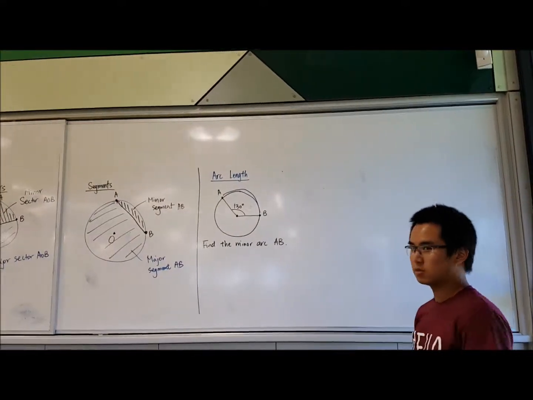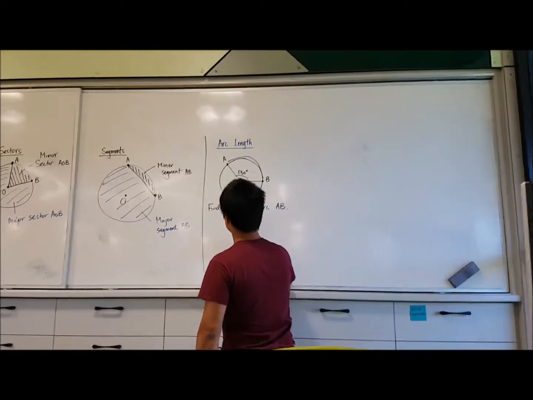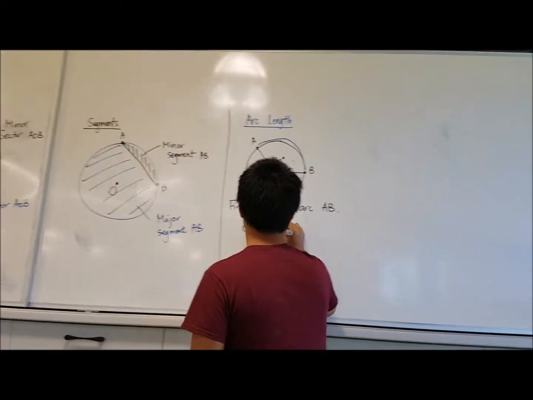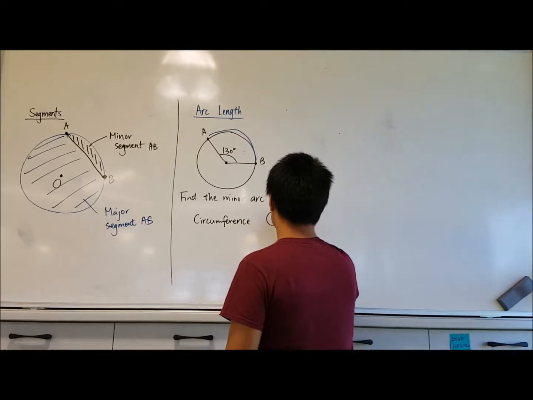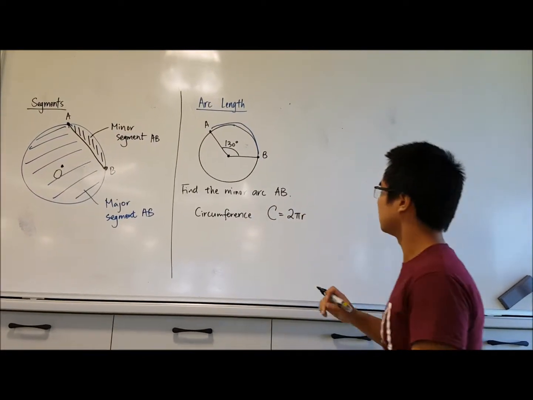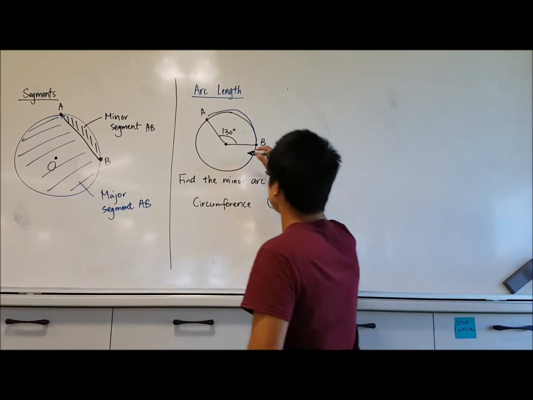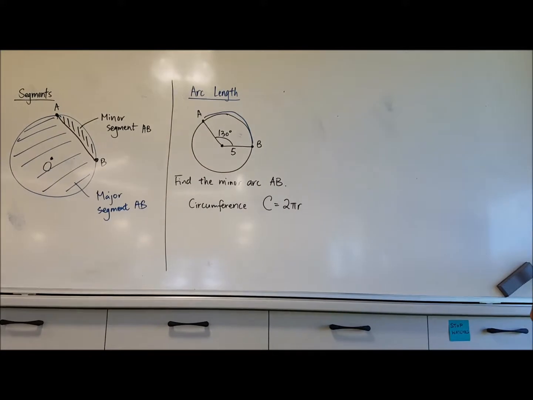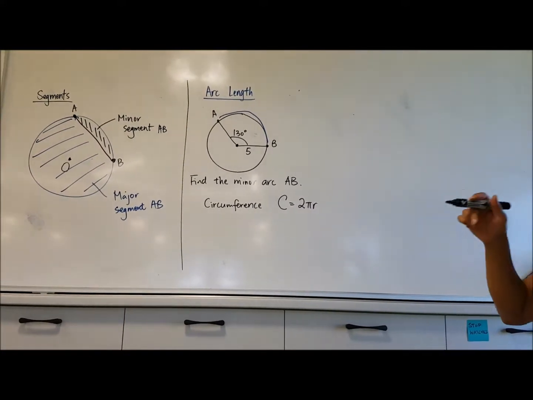So we start with the circumference. C equals 2 pi r. I didn't tell you the radius. Let's say the radius is 5. That'll give us the whole circumference.